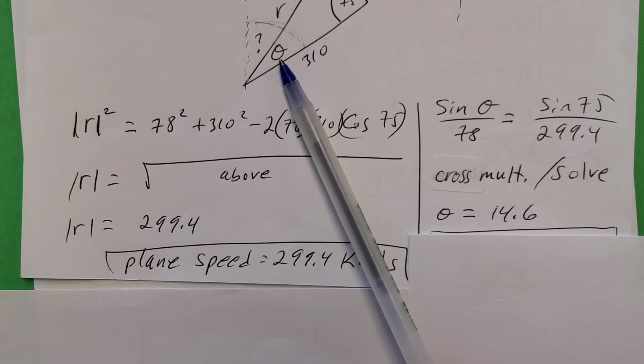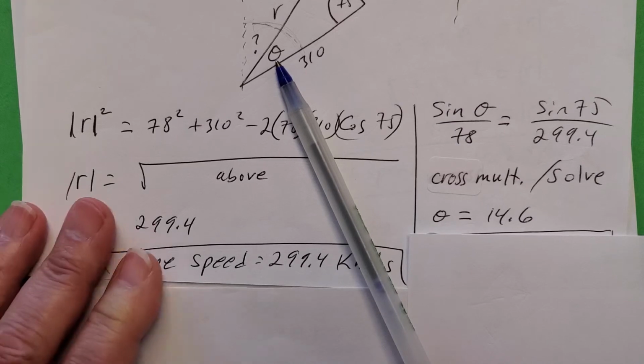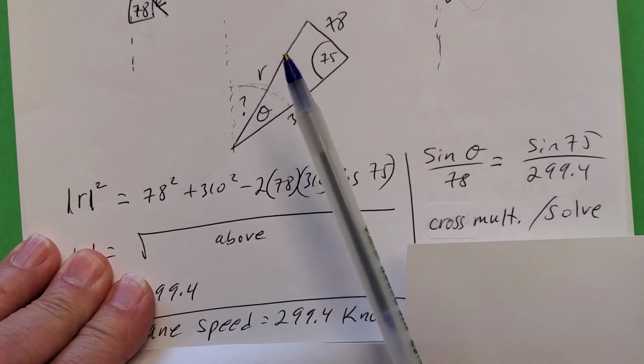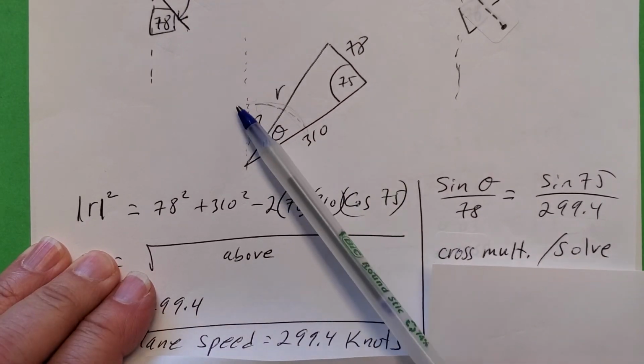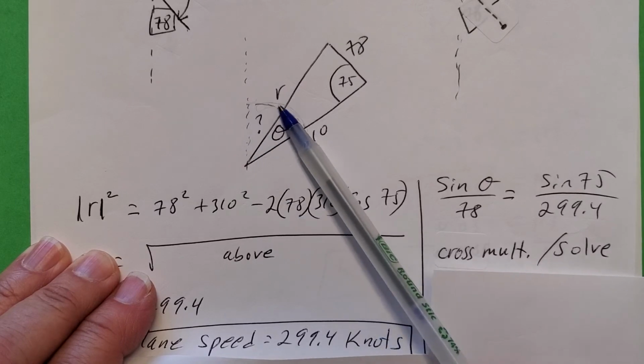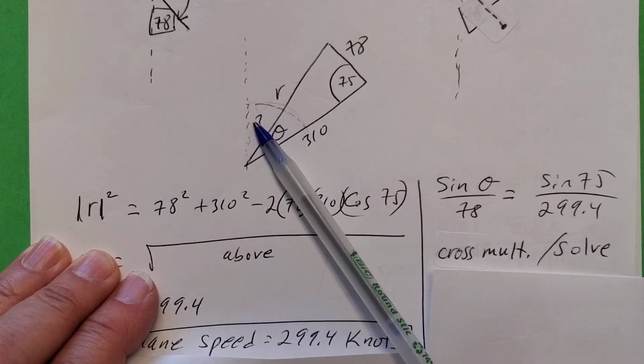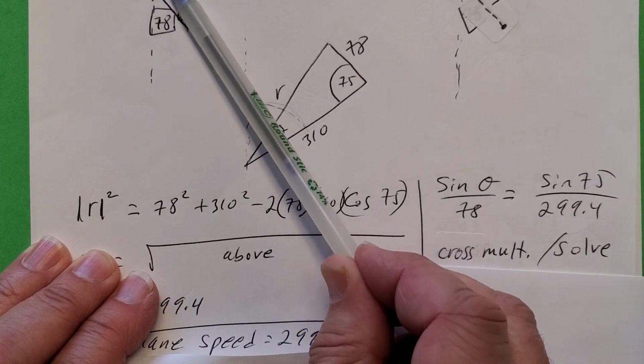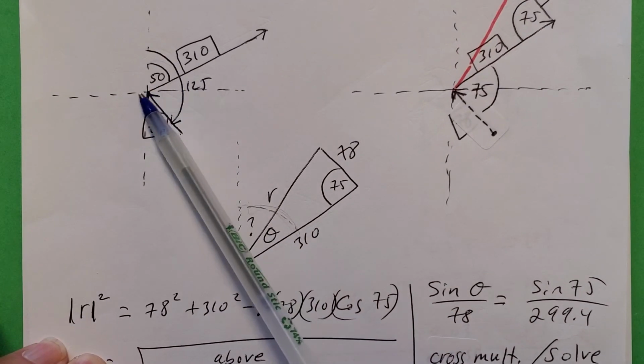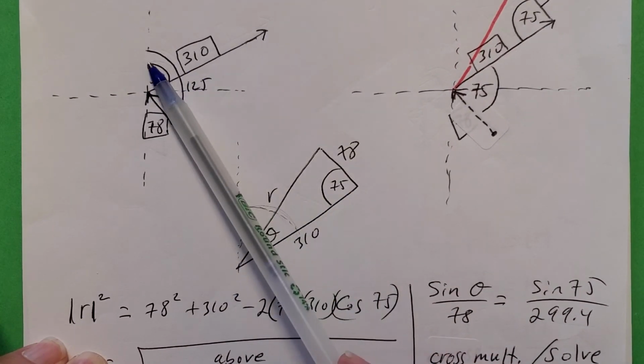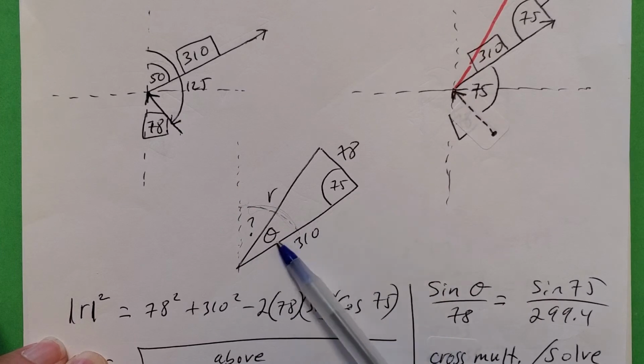That's 14.6. But that's not how we measure direction. We measure direction starting at north and turning. So I need to know what that angle is. But if you go over here, you remember that this is 50 degrees, and this is 14.6. So why don't we just subtract the 14.6 to get this angle?